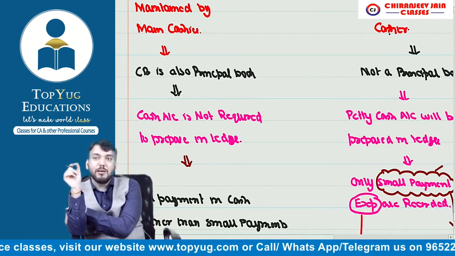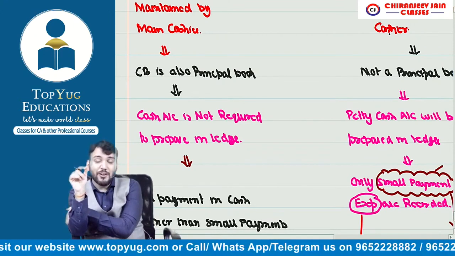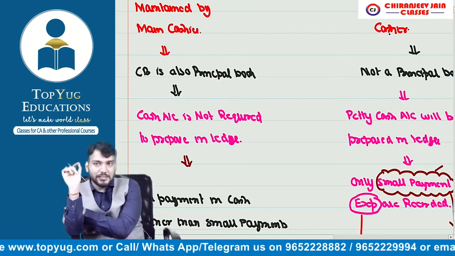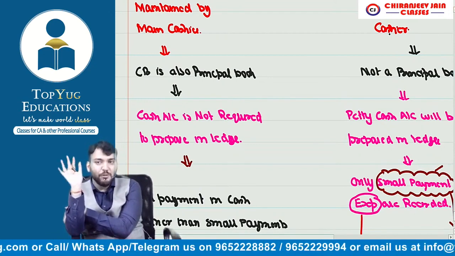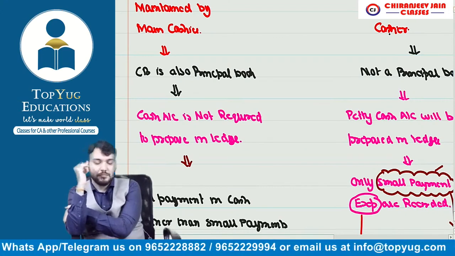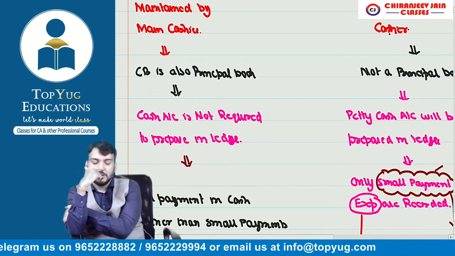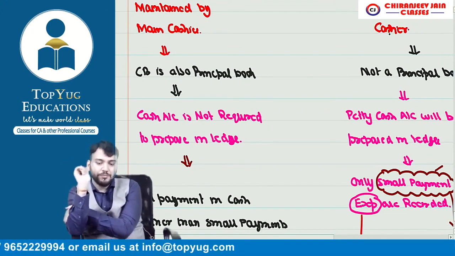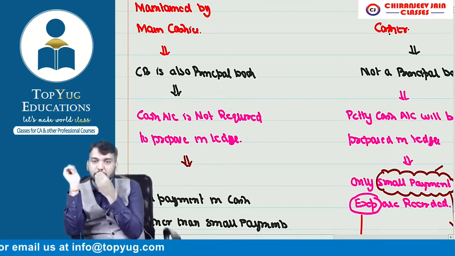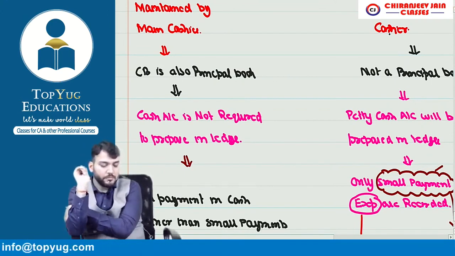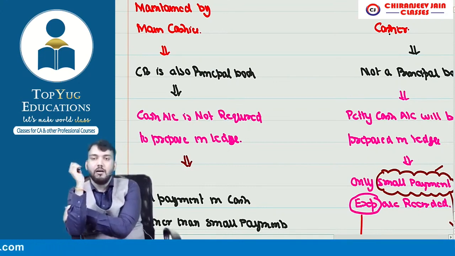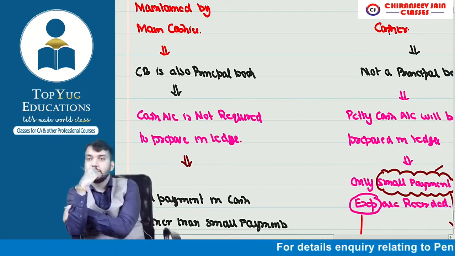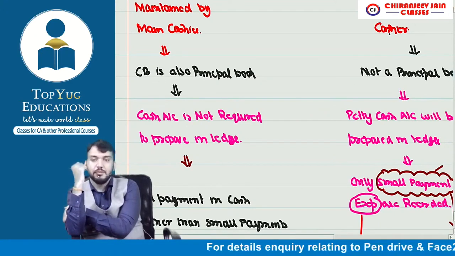So tell me, will a receipt of a small amount be recorded in the cash book or the petty cash book? Tell me, everyone.